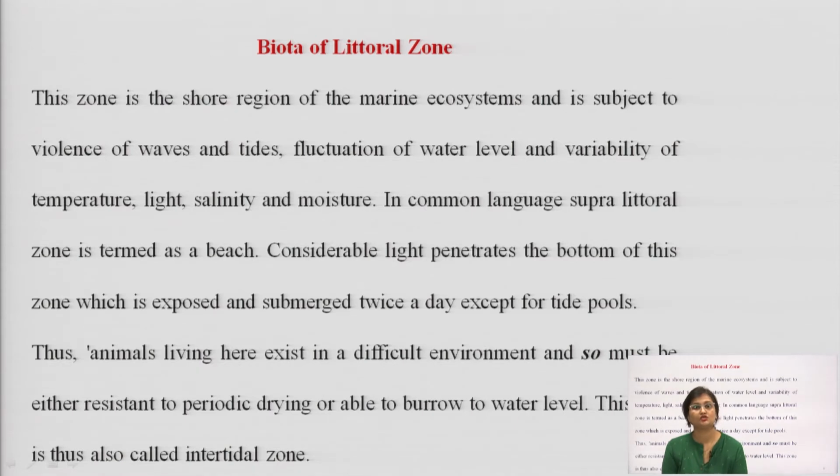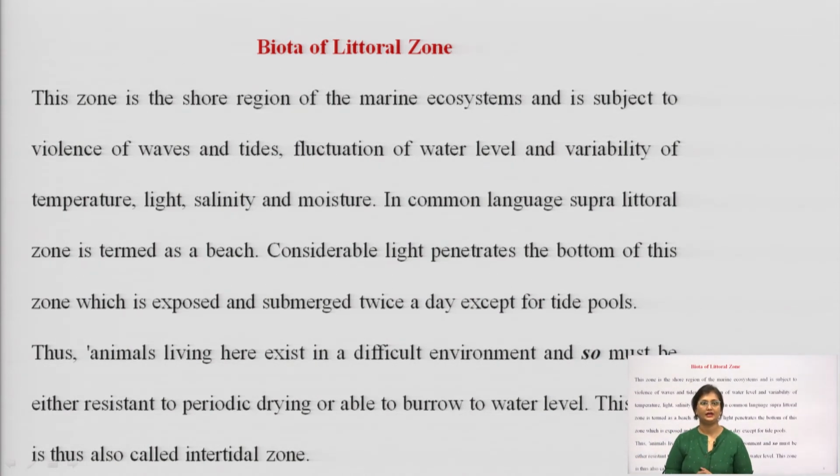The first zone, the littoral zone. This zone is the shore region of the marine ecosystem. It is subjected to violence of waves, tides and fluctuations of water level and variability of temperature, light, salinity and moisture. In common language, the supralittoral zone is the beach area.